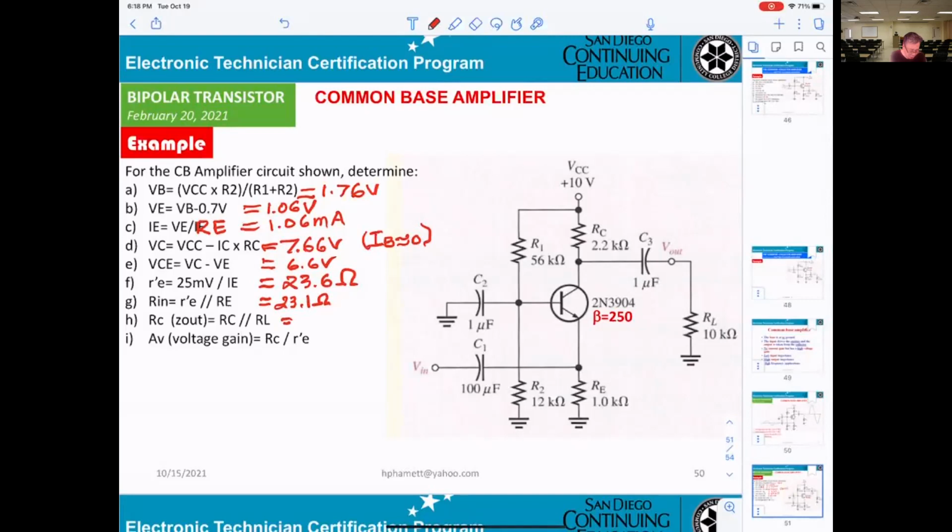RC parallel RL: 2.2 times 10K divided by 2.2 plus 10K.